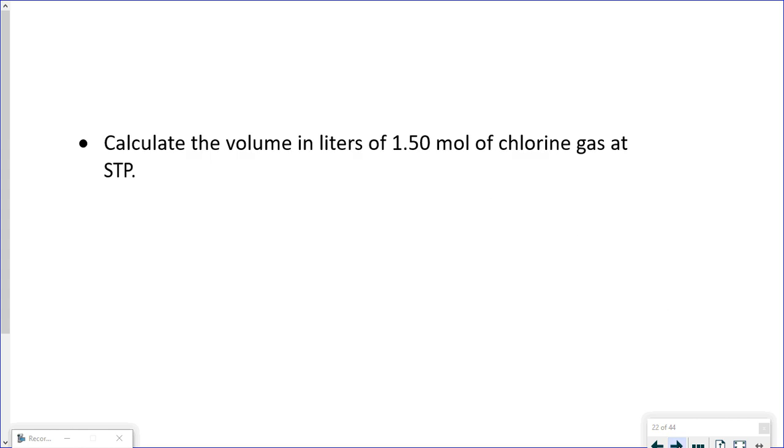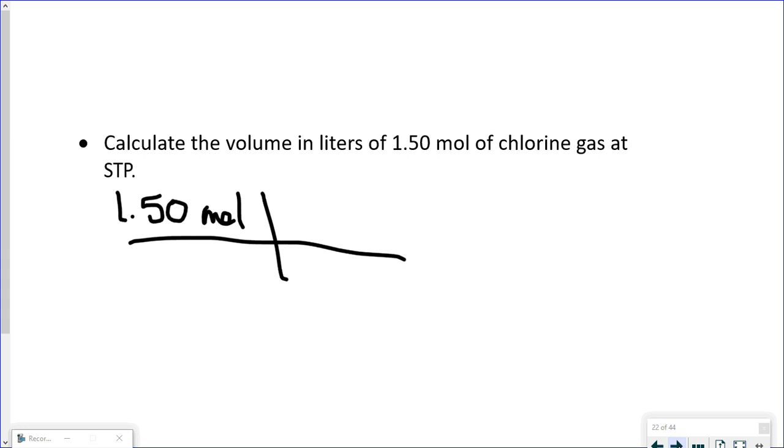Here we want to find the volume in liters of 1.5 moles of chlorine gas at STP. And yet again, it does not matter what the gas is, whether it's diatomic or not. It's still going to be the same process. We're going to start with what's given. So we have 1.50 moles. Since we're looking for volume or liters, we no longer need moles. That will go in the bottom in our next step to change into liters.